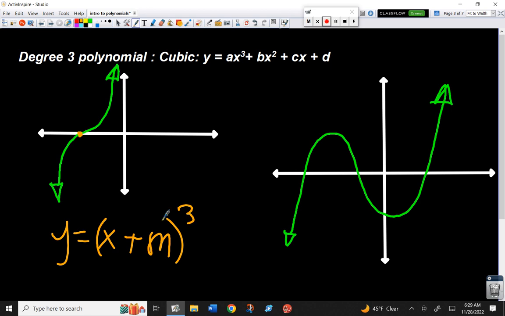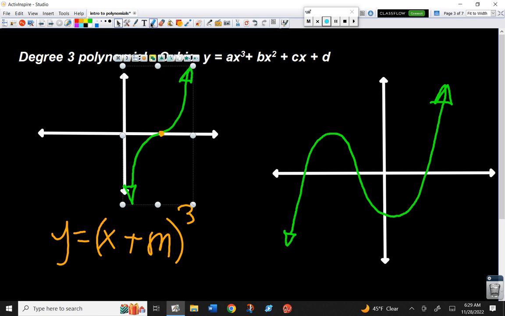Okay? So, well, what if we moved it to the other side? So let's do that. Let's take this root, put it over here, and move our graph over here. Well, that's going to change that to minus, because it's on the right side now. And we've dealt with things like this before. You may not remember shifting cubics, but that was laying the foundation of what we were going to do in here.